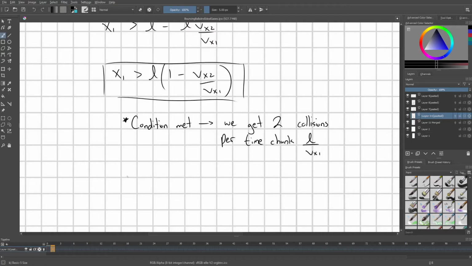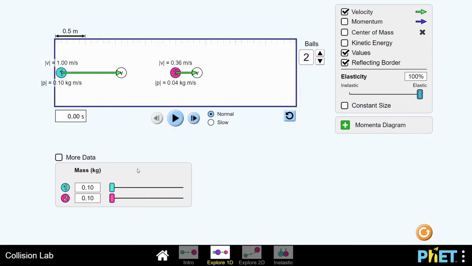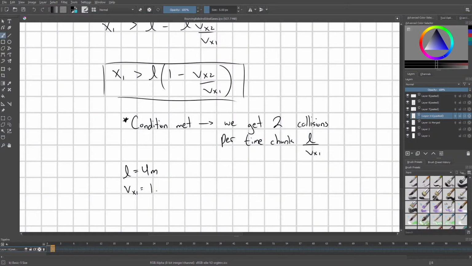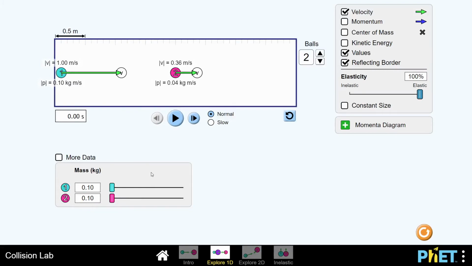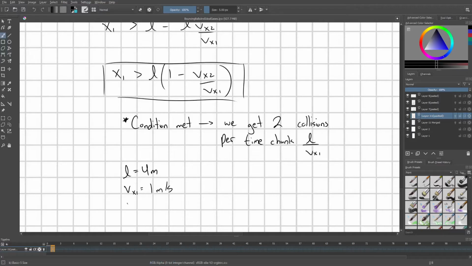So if we take L equals 4 meters, my first particle, Vx1, has a speed of 1 meter per second. And my second particle, particle 2, has a speed of 0.36 meters per second. So we get that x1 is greater than, plugging those values in, 2.56 meters.